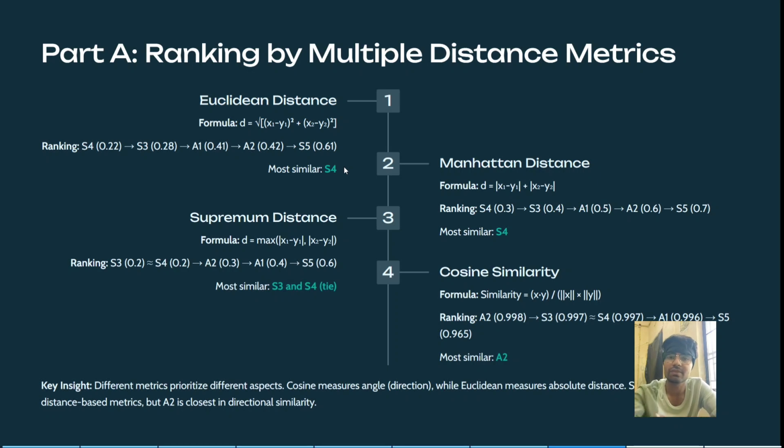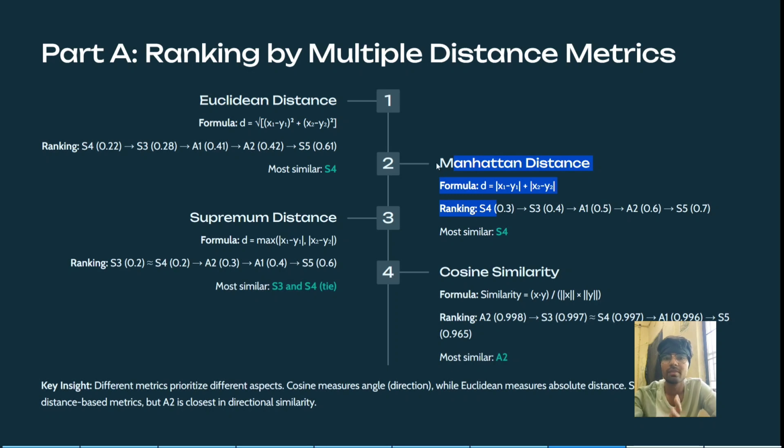For S5, the square root of (1.4 minus 1.5) squared plus (1.6 minus 1.0) squared, that's the square root of 0.01 plus 0.36, approximately 0.61. So our Euclidean ranking from most to least similar is S4, S3, S2, S1, and S5.